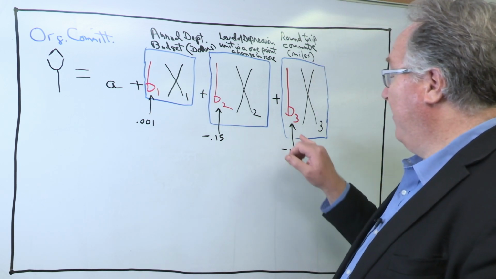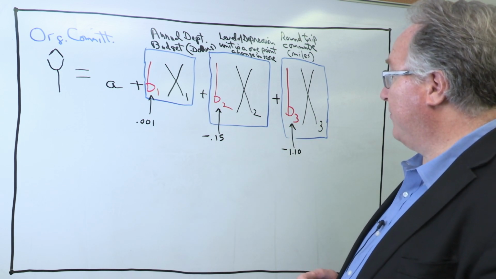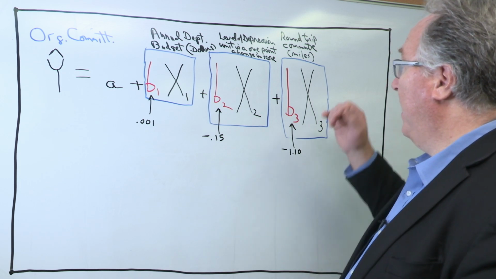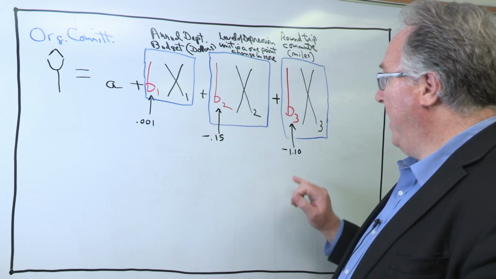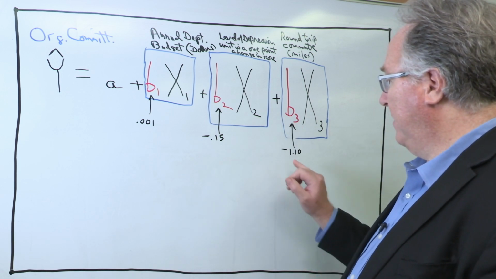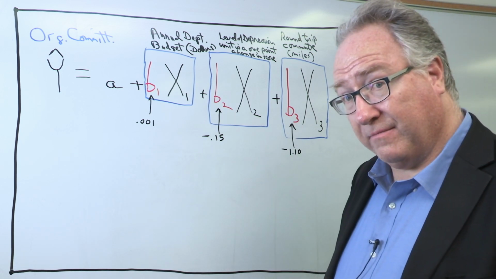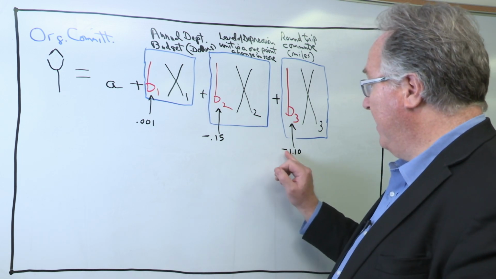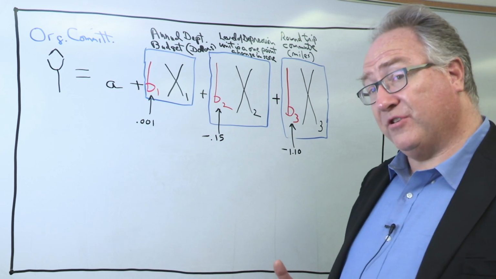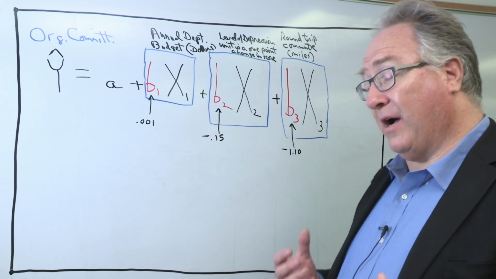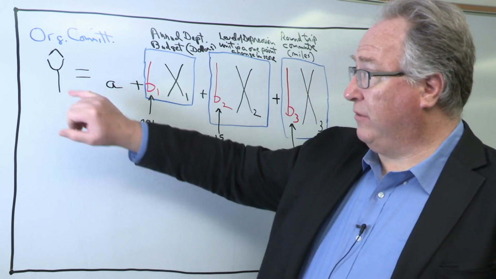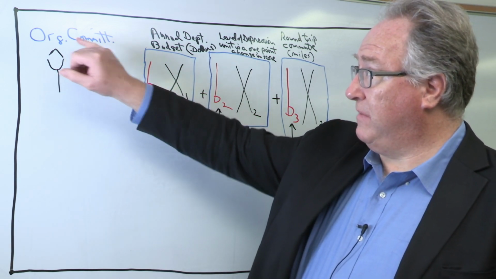And here we have the unstandardized regression coefficient value for our third predictor variable, round trip commute. And that unstandardized regression coefficient value is also negative. So again, note the negative sign, negative 1.10. So that's saying that there is a decrease of 1.10 unit on our Y variable, our outcome variable, in organizational commitment.